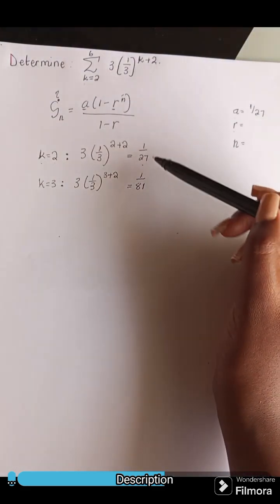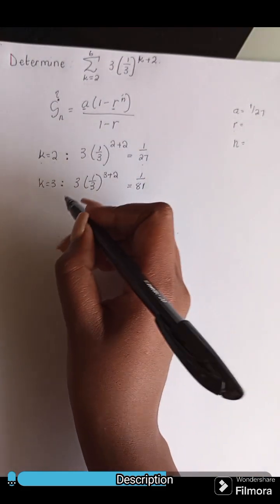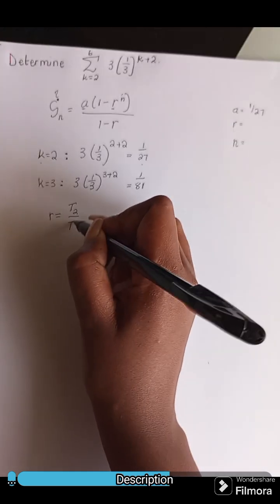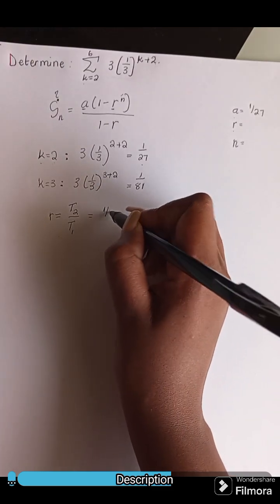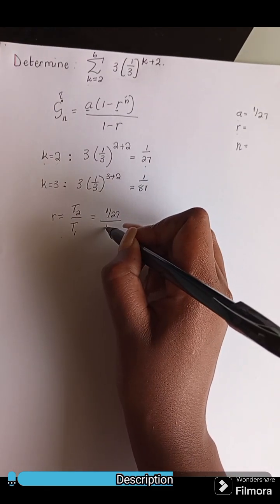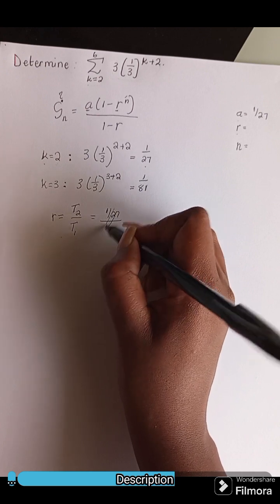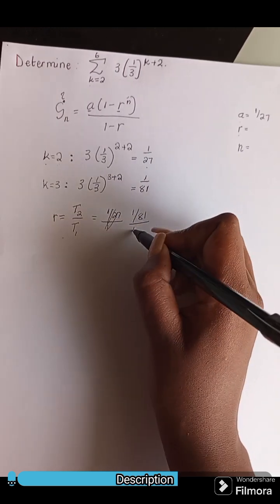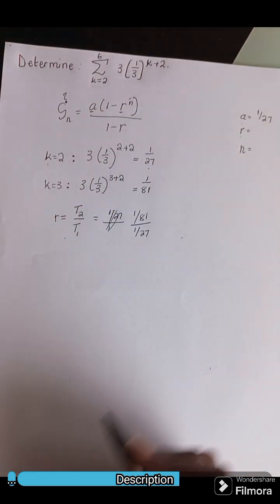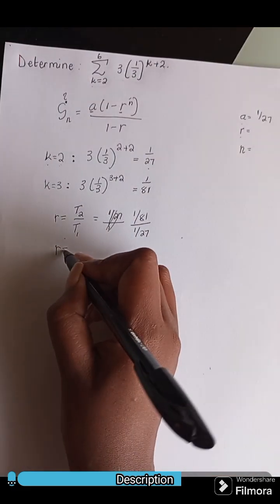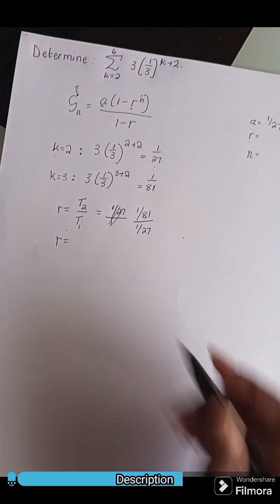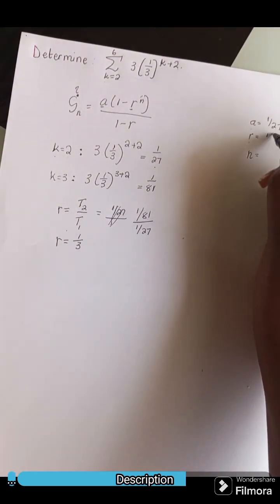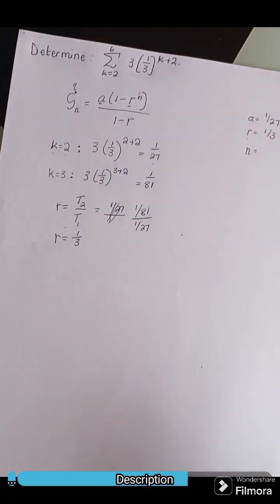Therefore, r is equal to T2 over T1, which is 1 over 81 over 1 over 27. You punch that onto your calculator and you find r as 1 over 3. So r is equal to 1 over 3.